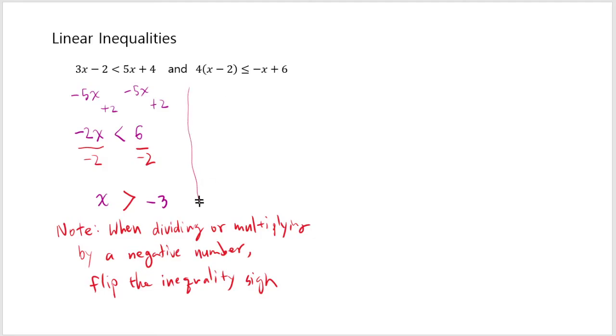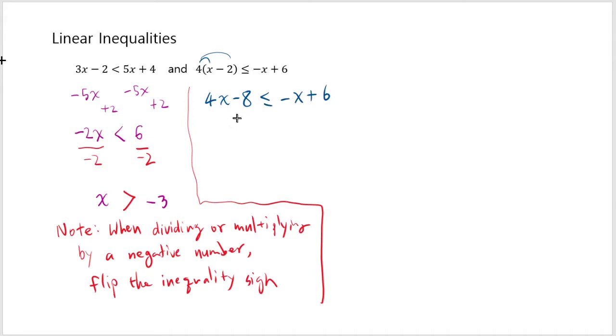Alright. Let's now work with this next inequality. Let's see. I will multiply the 4, so it'll be 4x minus 8 less or equals to negative x plus 6.